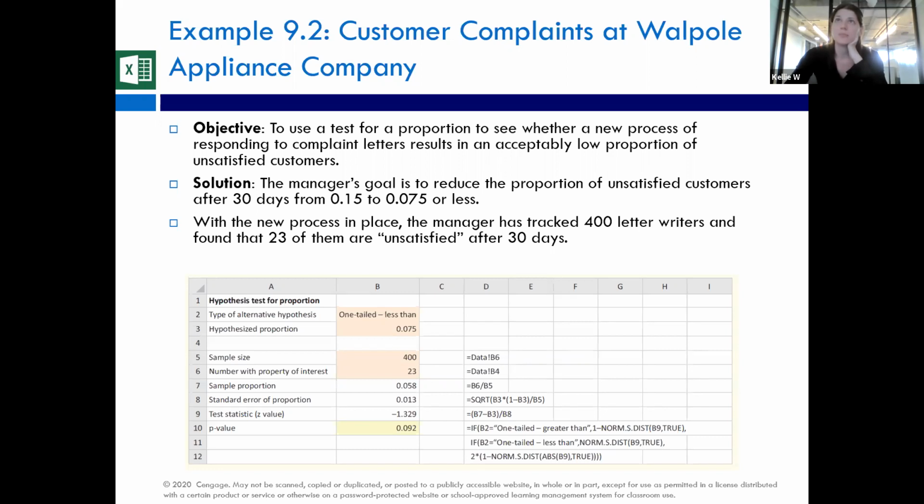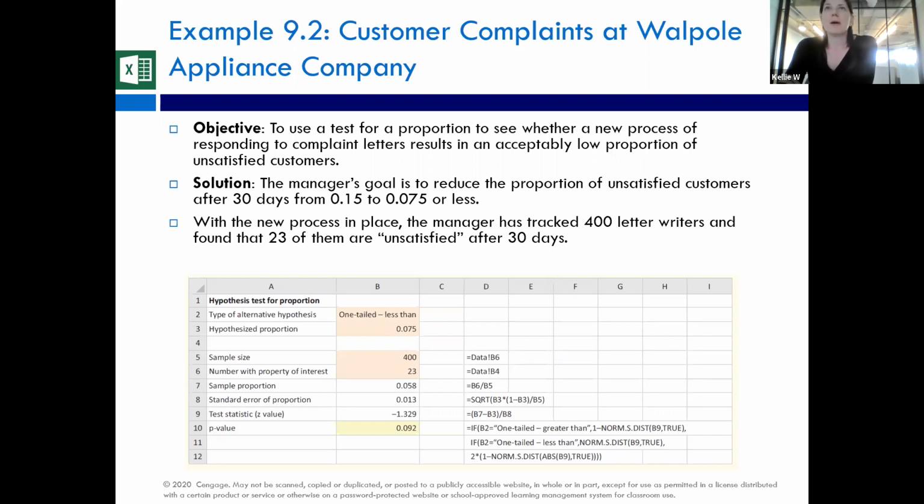With the new process in place, we would track 400 letter writers, so our sample size is 400, and then we find that 23 of them are unsatisfied after 30 days. So 23 out of 400 is our proportion. So if you look at this here, we don't even need to open the spreadsheet.